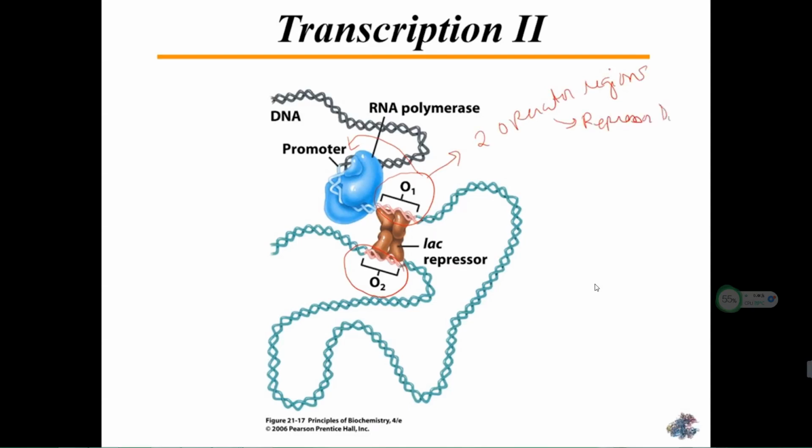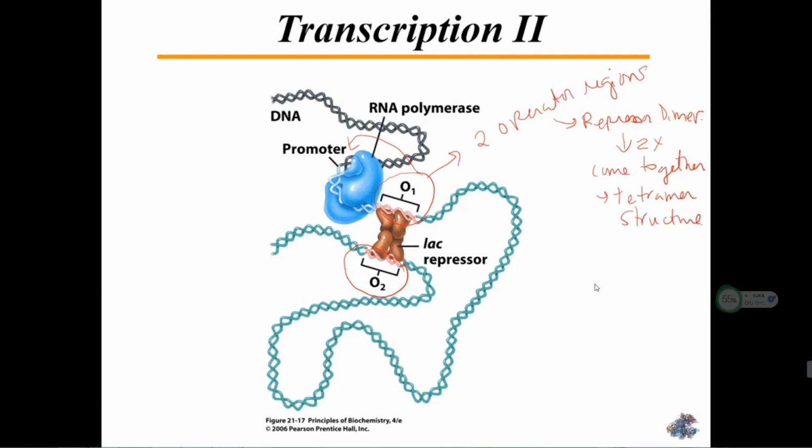These 2 repressor dimers will then come together and form a tetrameric structure, as depicted in the figure.